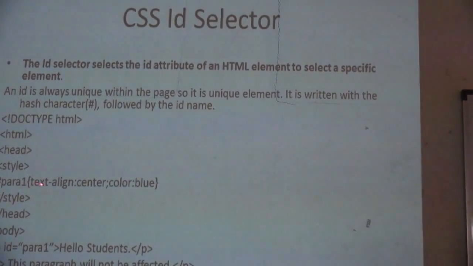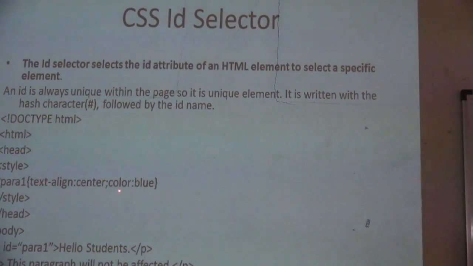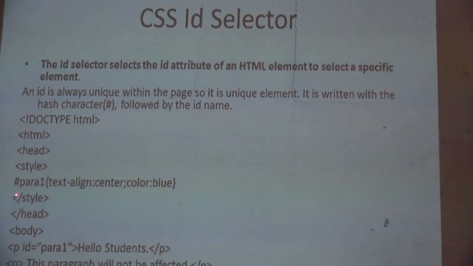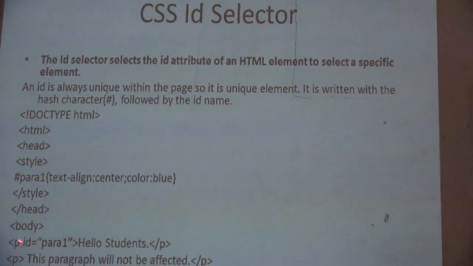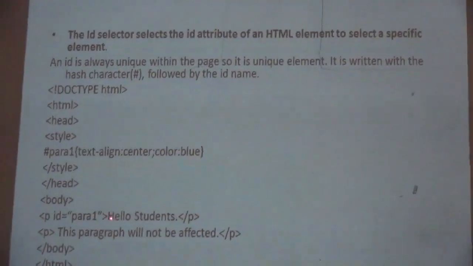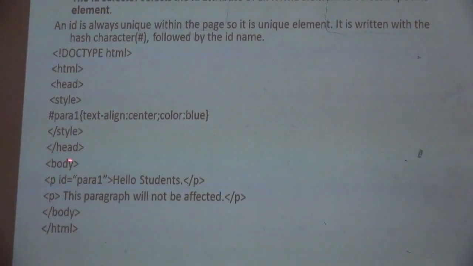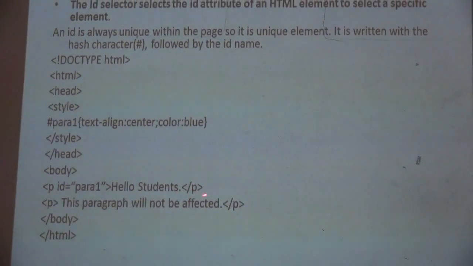Text-align center, okay. The alignment of the text is placed as center and color is used as blue. Then the style tag is closed, again the head tag is closed. Then in the body tag we have this paragraph tag, id is equal to para1, Hello students. We are writing only 2 words in this program, hello students, /p.